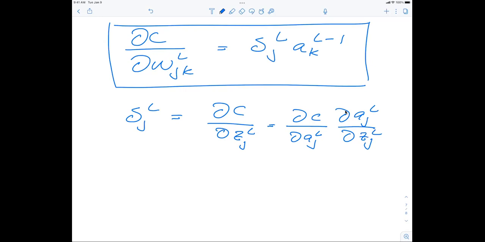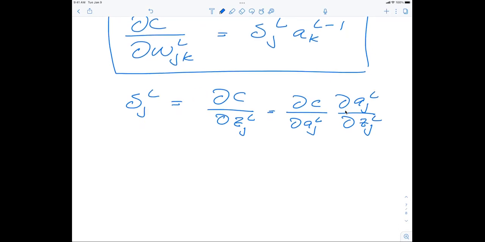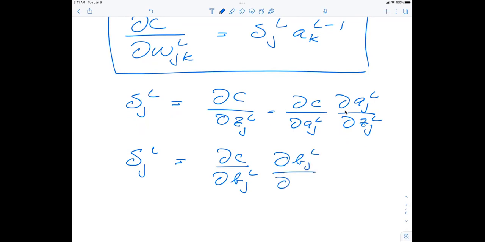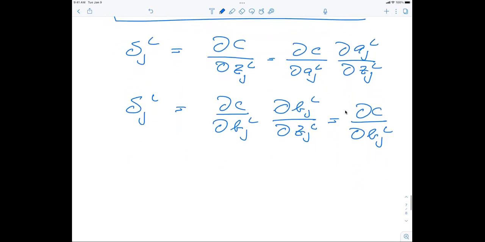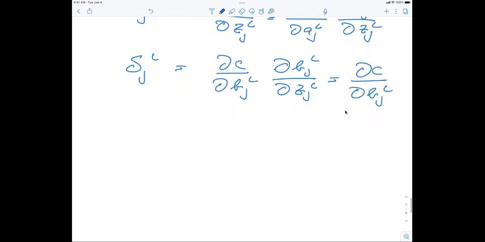Now, what we can also do is to set up this delta_j^L in terms of the derivative of the cost function with respect to the bias in the output layer. And this is going to be dC/db_j^L times db_j^L/dz_j^L. And since b doesn't depend on z, then this is simply given by dC/db_j^L. So we have an expression also in terms of the gradients with respect to the biases.